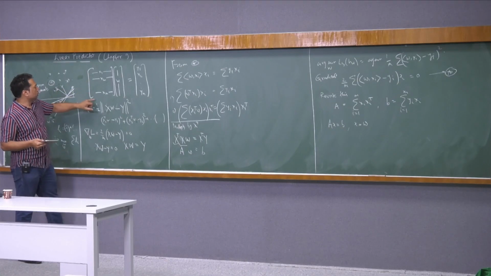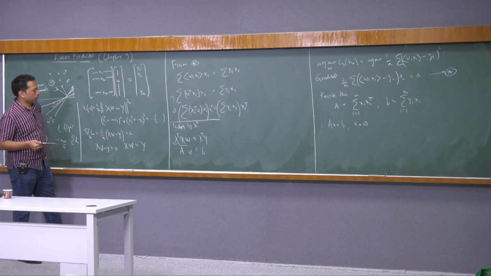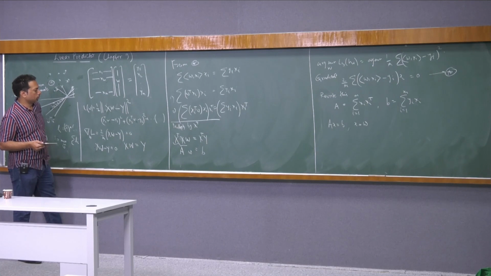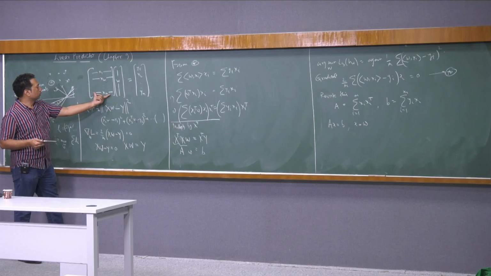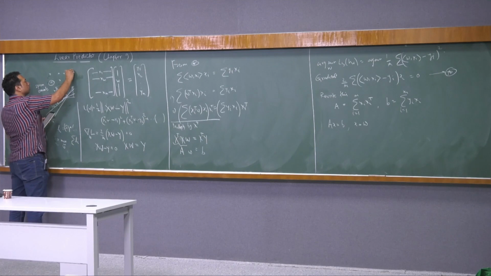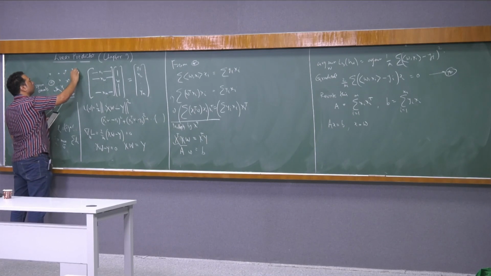If it's full rank in the column, let's say, the row and column ranks are the same. But in this case the column size is smaller than the row size.